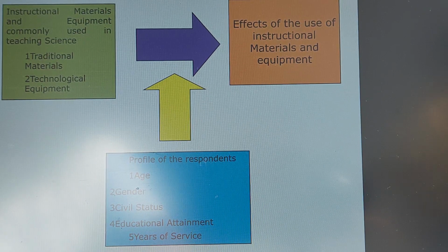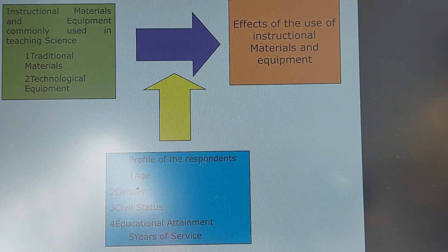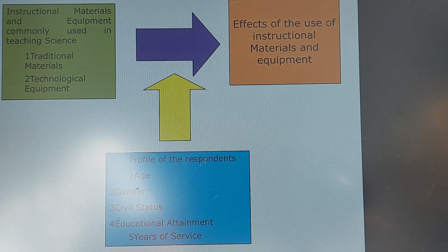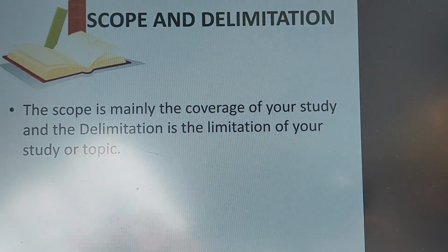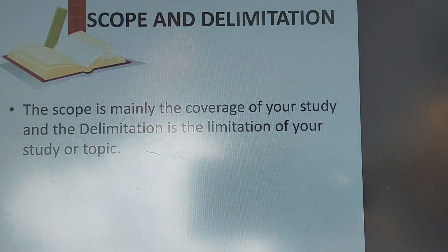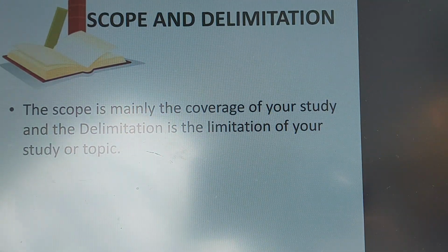Okay, that's more on the dependent as well as the independent variables. So once again, if you will be using the quantitative method, mayroon talaga yung dependent as well as independent variables.